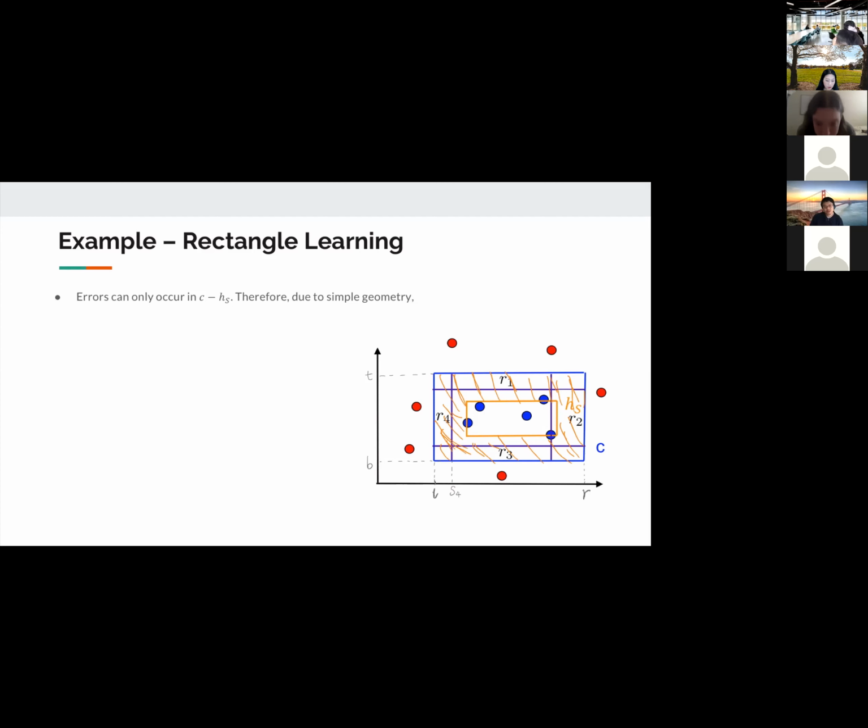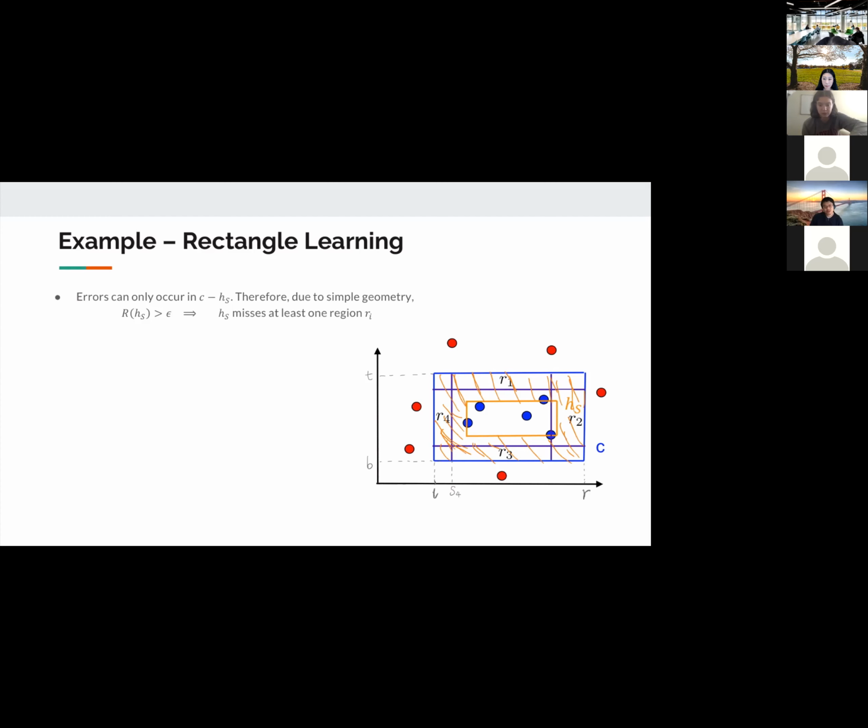So now, because of the simple geometry, you would know that the true error of HS being greater than epsilon would imply that HS would miss at least one region, Ri, i from 1 to 4. So R1, R2, R3, or R4, right?